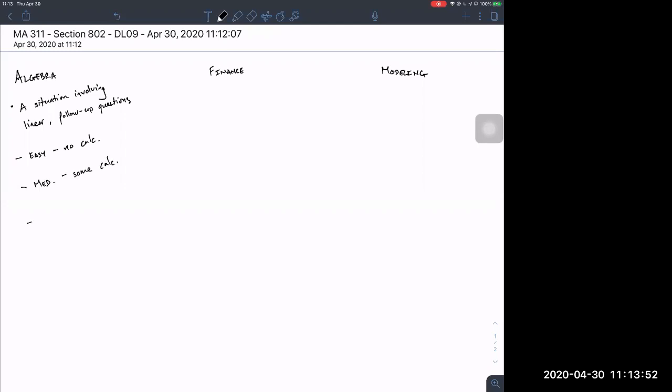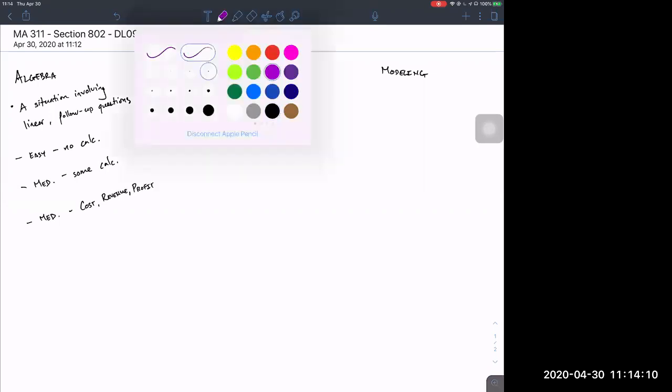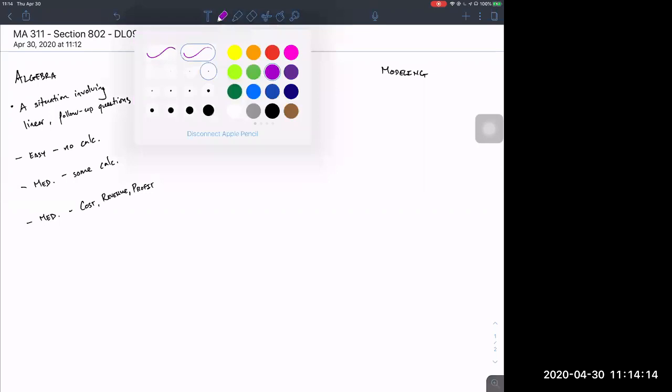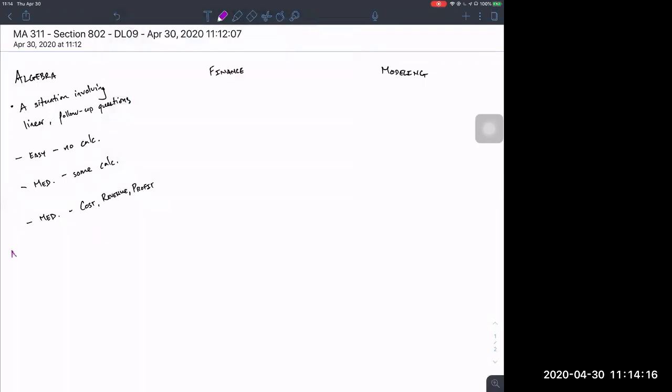And then you had, I would also still call it a medium, but it had to do with cost, revenue, profit. Okay. Let me also omit right here too, saying no graphing.